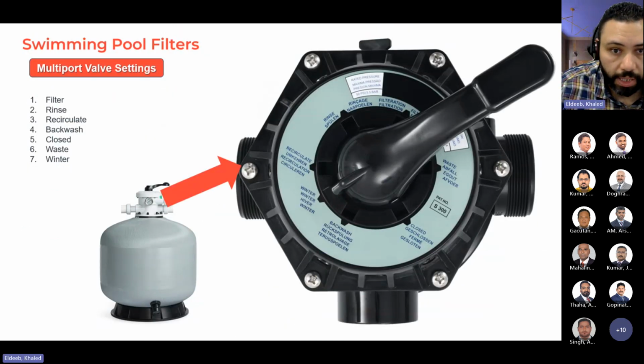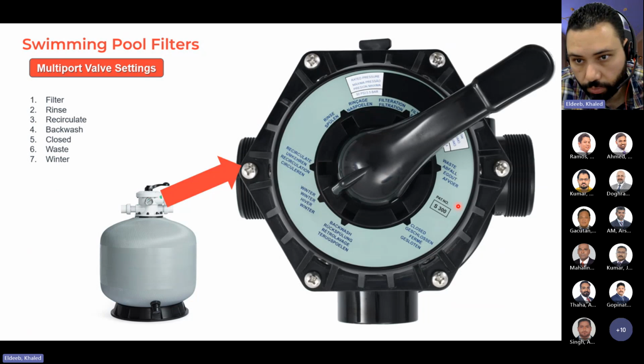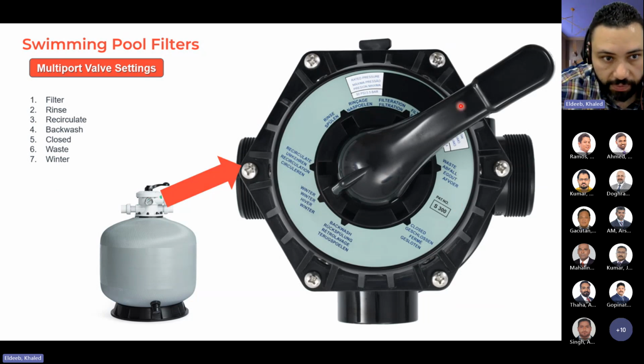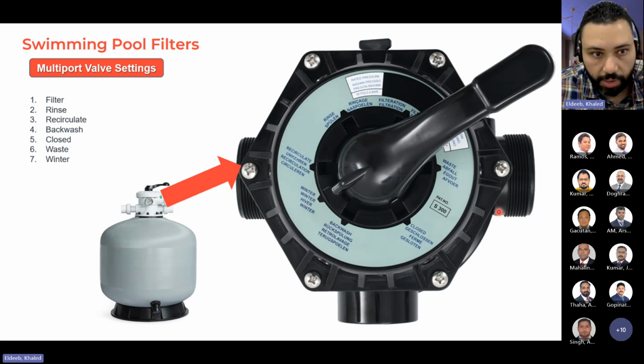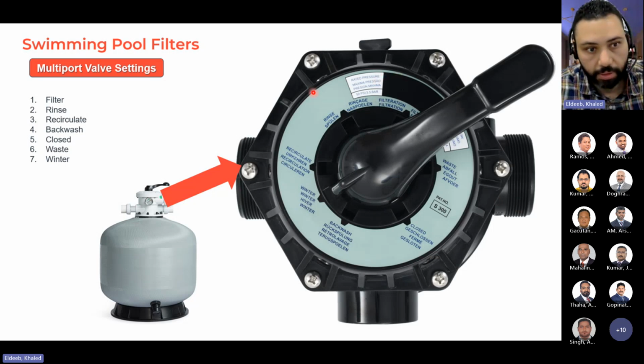Now we have a better knowledge of the general operation of the filtration system. So let's have a closer look at how the filter works and learn to use each of the 7 functions available in the multi-port valve setting here.